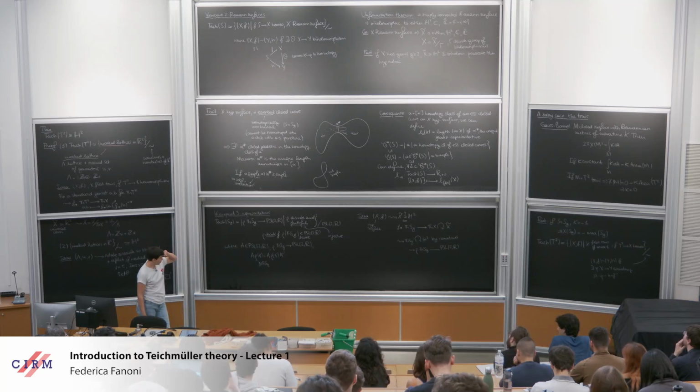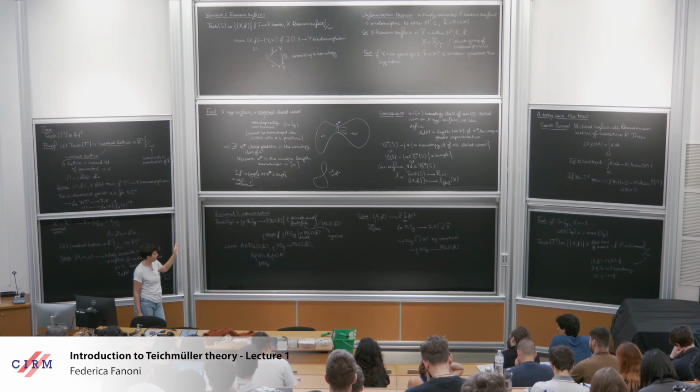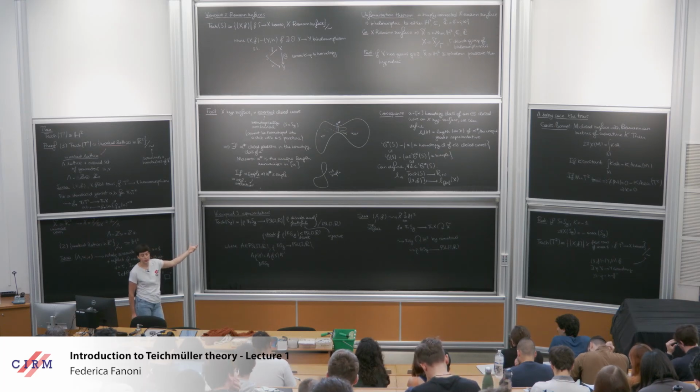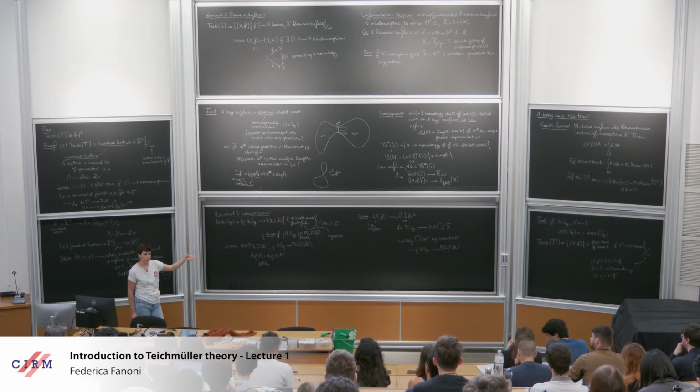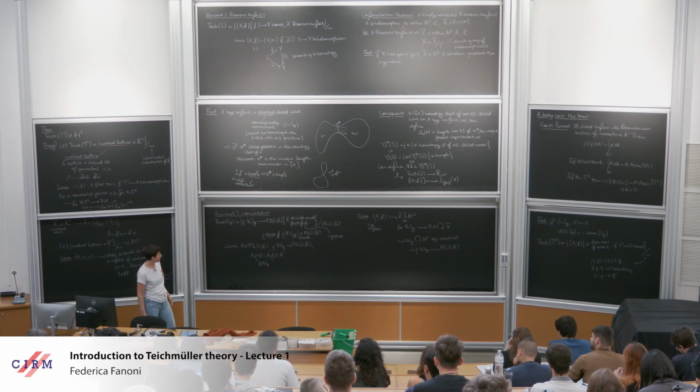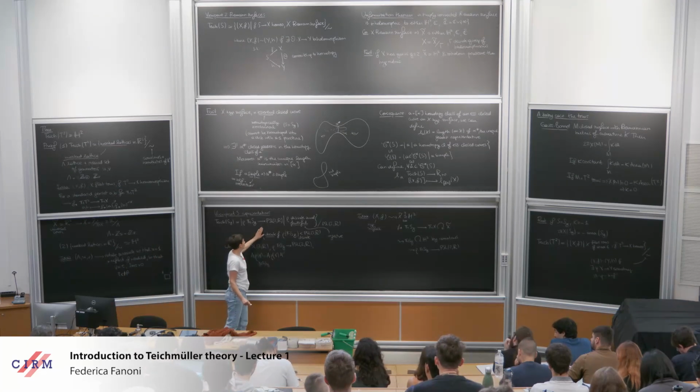And vice versa, if you start with a representation, then you get a nice subgroup of PSL2R. You just take the quotient of H2 by this subgroup, and this gives me a hyperbolic surface. And then you need to think about the fact that you also get the marking.